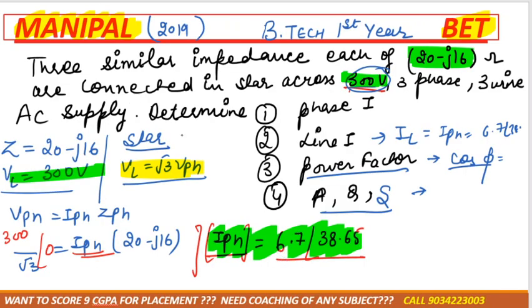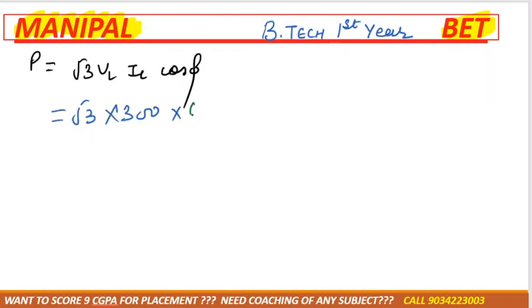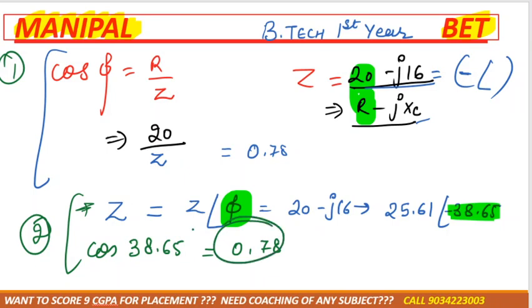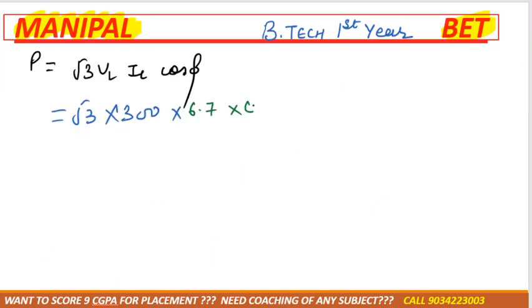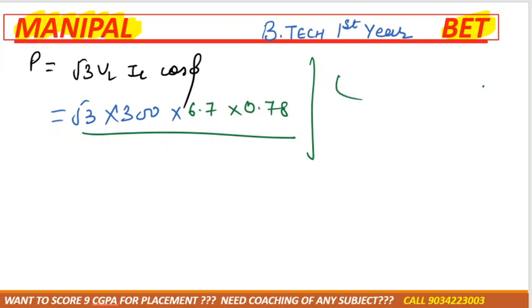Current, how much are we getting? Current is the same, 6.7, multiplied by cos phi. Cos phi you have already calculated, that is 0.78.